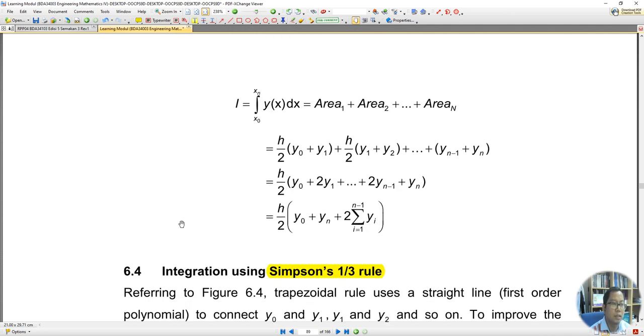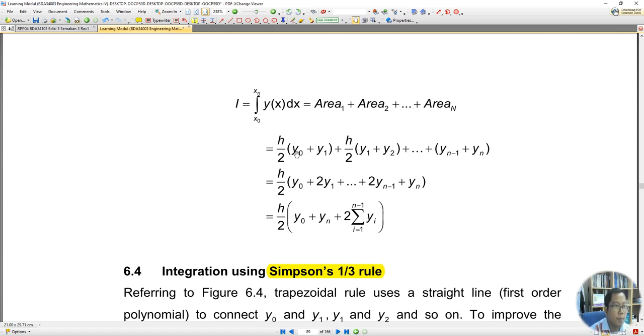But by using the trapezoidal rule, the formula is slightly different, whereby we put h over 2, the step size over 2, where y0 is the first one, and then yn plus 2 times the summation of the others except n minus 1.